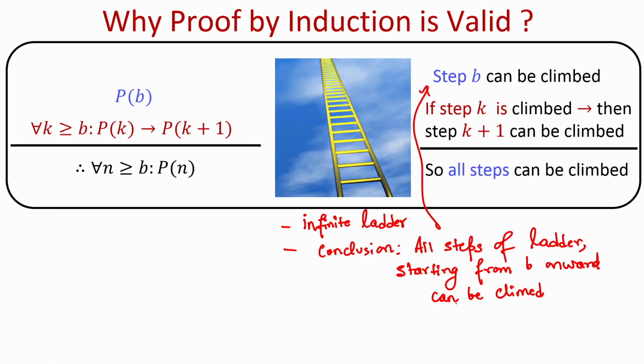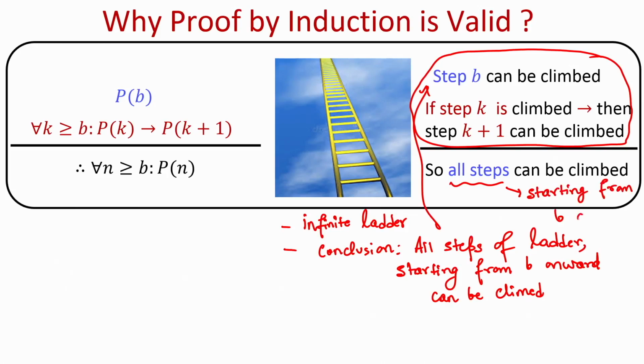So, what are the two premises here? It is given to me that definitely you can climb step number B, and it is also given that if you can climb step number k, then it is guaranteed that you can climb step number k plus 1. These are the two conditions given to you, and my claim is that if these two conditions are true, then I can conclude that all steps starting from B onward can be climbed. That is the analogy for proof by induction.